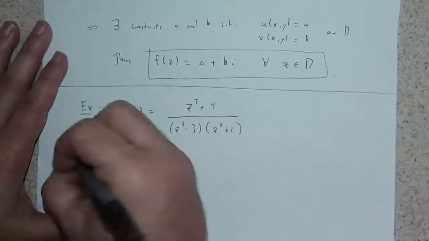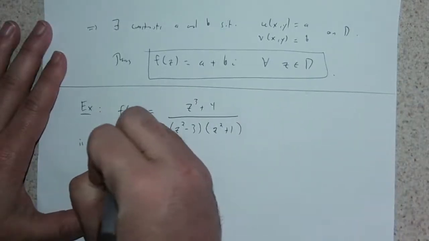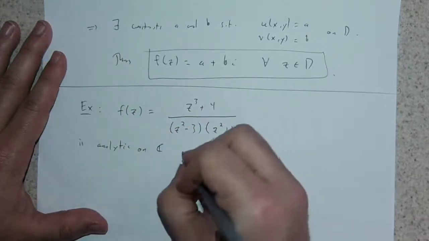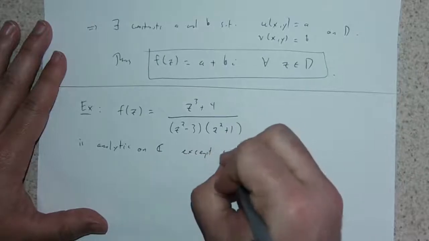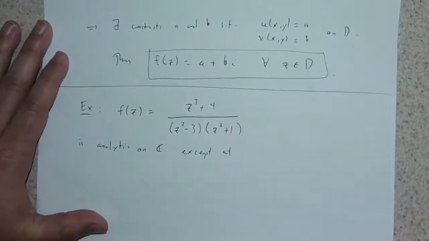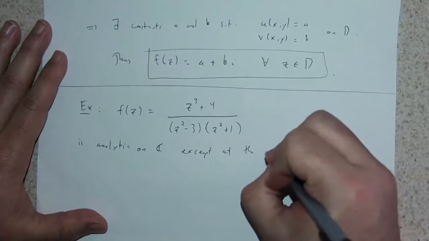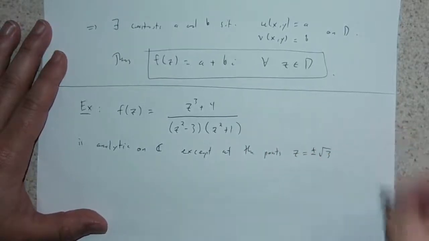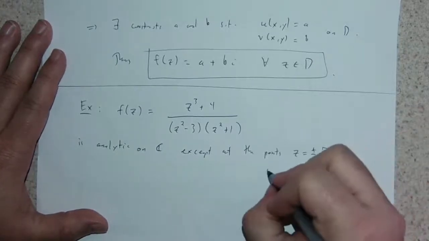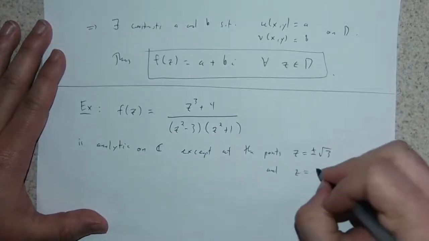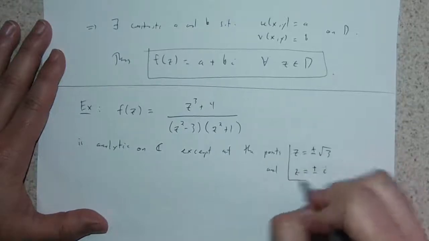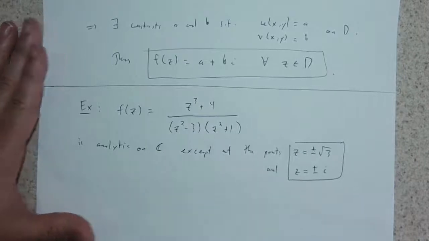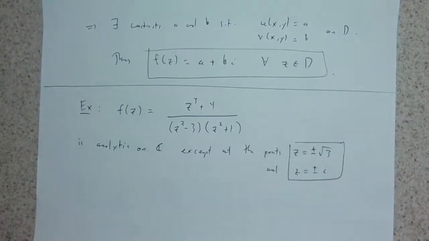This is analytic on the complex plane, except at the points z is plus or minus the square root of 3, and z is plus or minus i. Right, so that's the zeros of this part. This is the zeros of the other part of the denominator.